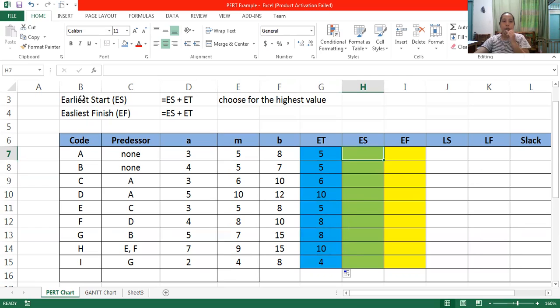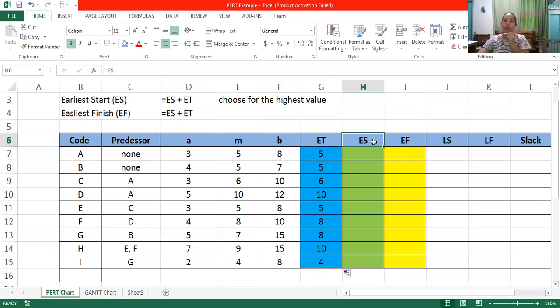Then next is the earliest start, ES. So ES plus ET. Then we're going to choose the highest value. We get the first ES based on the predecessor. Again, ES is earliest start.